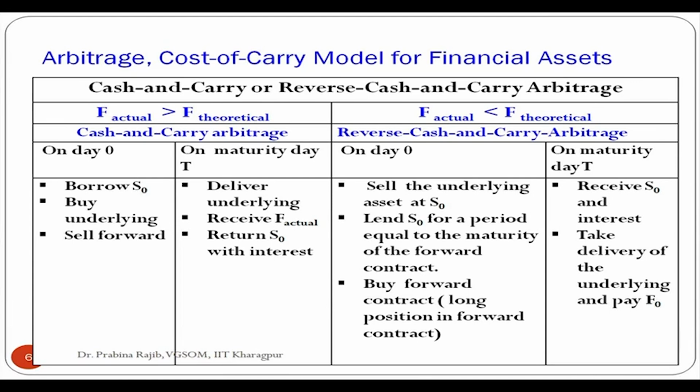Now let me summarize what we discussed today. We started with our discussion on the difference between price and value, and we also discussed how futures price for financial assets can be calculated, and if the calculated price is different than the price prevailing in the market, it will give us an opportunity to undertake arbitrage.